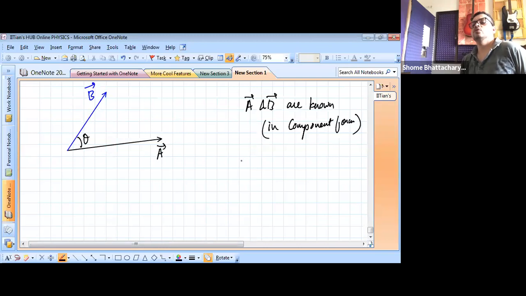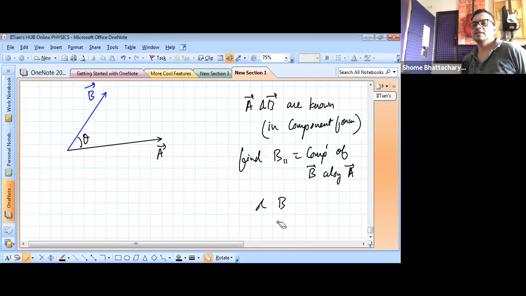Okay. And we want to find that is the component of B along the vector A. So we are calling that B parallel and B perpendicular, say, which is the component of B perpendicular to A. We want to find these two components.